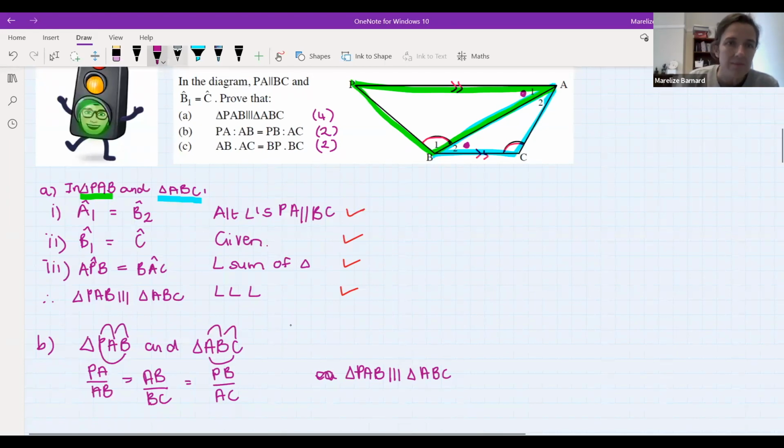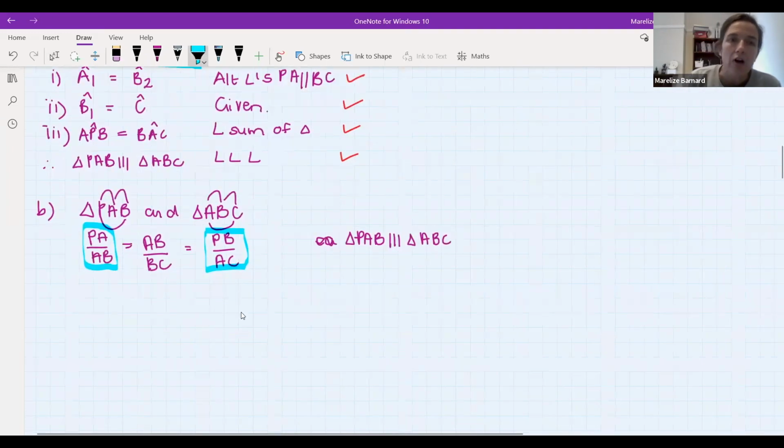We've got PA and AB and PB and AC. This one's easy because here's PA and AB, and here's PB over AC. So all we actually have to do is take it out of fraction form and put it into ratio form.